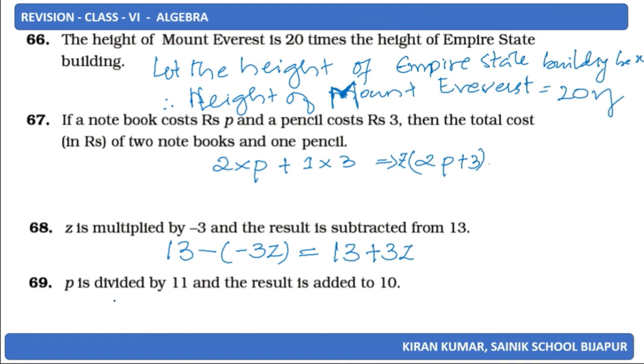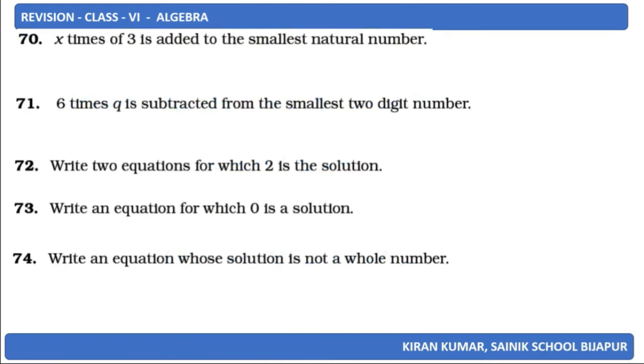69th. p is divided by 11 and the result is added to 10. 70th. x times 3 is added to the smallest natural number.